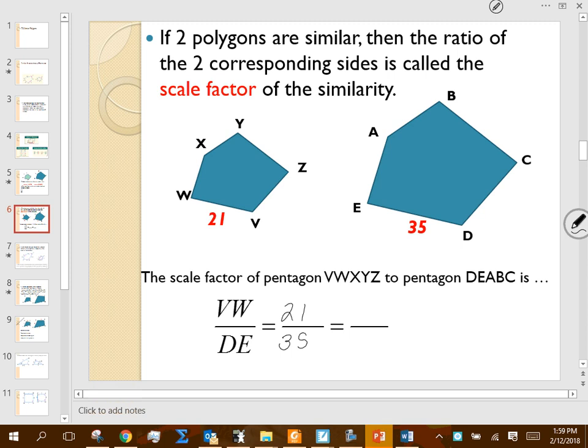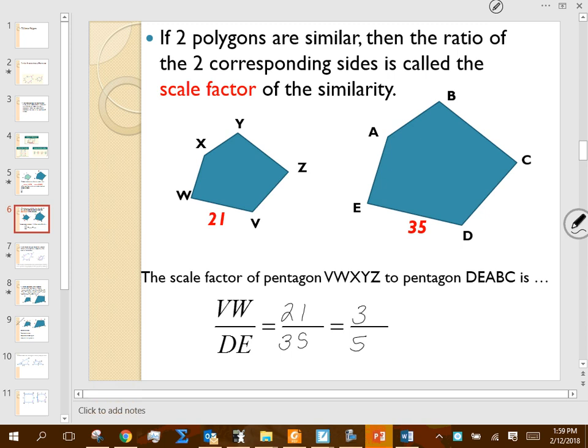I like it that way for setting up future problems, but when you type the scale factor into Math Excel, it's probably going to count that wrong. They're going to want you to reduce, take a factor of 7 out, so we get 3/5. We should still know that the 3 came from the smaller figure and the 5 came from the bigger figure, because 3 is smaller than 5. Is that okay with everybody?